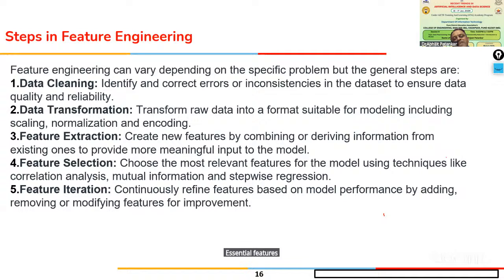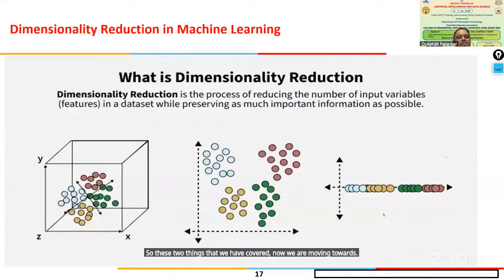Performance and accuracy everything gets improved for your ML model. So this is a very important step, feature engineering in ML. So these 2 things we have covered. Now we are moving towards the third step, that is dimensionality reduction in machine learning.